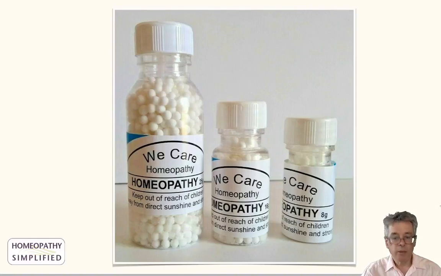The medicines will have what is called a potency, which is a strength. And in many ways, this is not as important as the chosen remedy. So if you're looking for a remedy that someone prescribes you, like an Arnica 30C, but the shop only has a 6C, well, get the 6C.